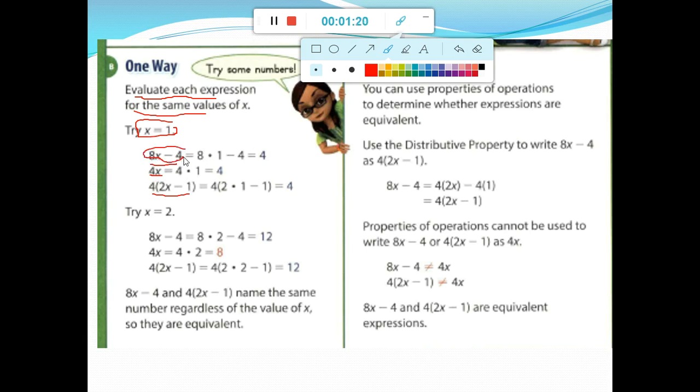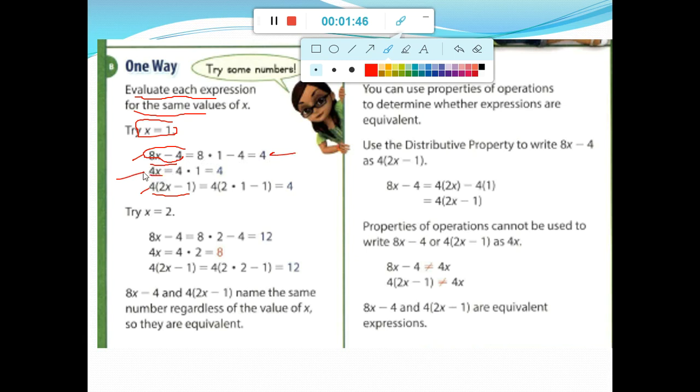Now, what I'm doing, I'm comparing these three expressions to see if they are equivalent or not. The first way, I will evaluate each of them for the same value of the variable, which is x. So first, I will try 1. So 8 multiply 1 equals 8 minus 4 equals 4. For the first one, it's 4.